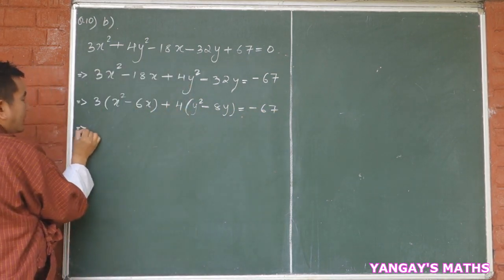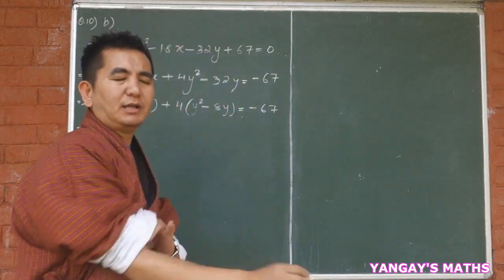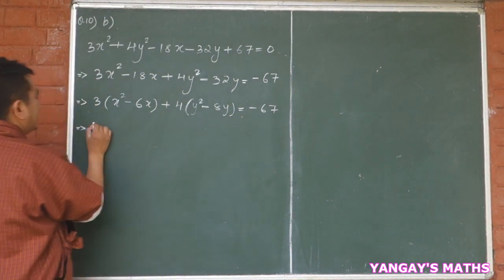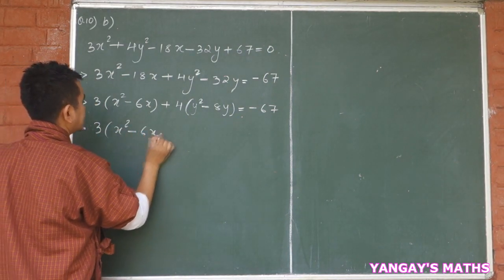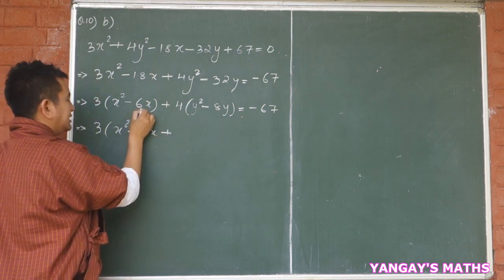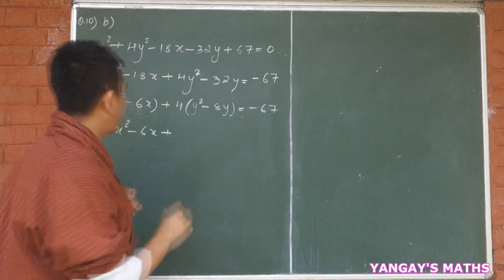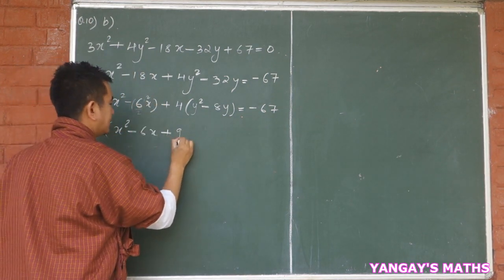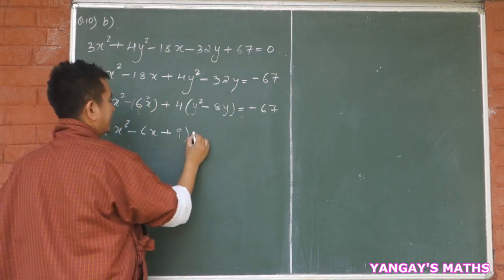Now I'm going to make this in the form of a minus b whole square, that means x minus h whole square form. In order to do that, 3 of x square minus 6x plus, divide this 6 by 2. A similar type of question we have done under parabola, and then square it. What's the answer? 6 divided by 2 becomes 3, 3 square becomes 9.